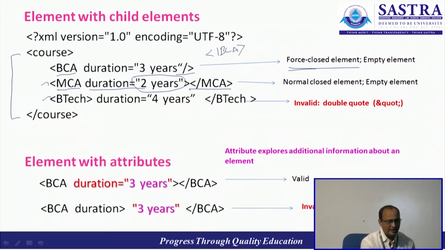Here MCA has only one attribute, which is duration, and it has been closed without any text and without any child elements. Normal closed element, but MCA is also an empty element like BCA.